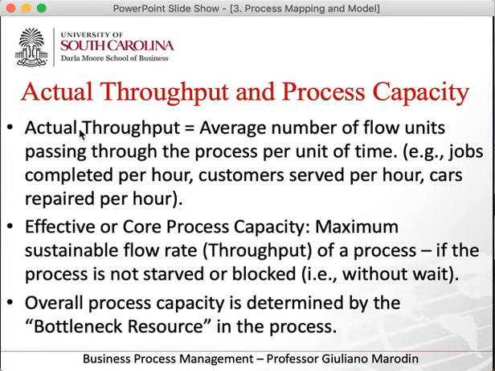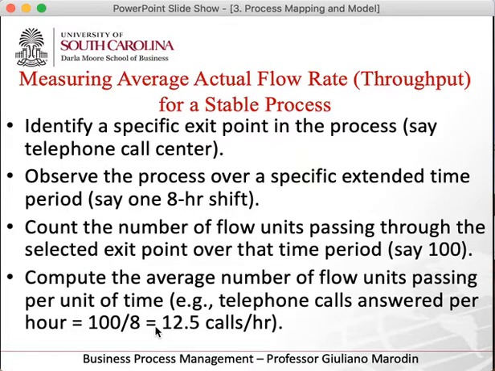This is the slide explaining the actual throughput is the actual number that you're producing, customers, or whatever it is, and the effective or core process capacity is the maximum that you can produce, right? And to calculate capacity, we're going to take a look at a little bit on bottleneck, and we're going to talk more about that.